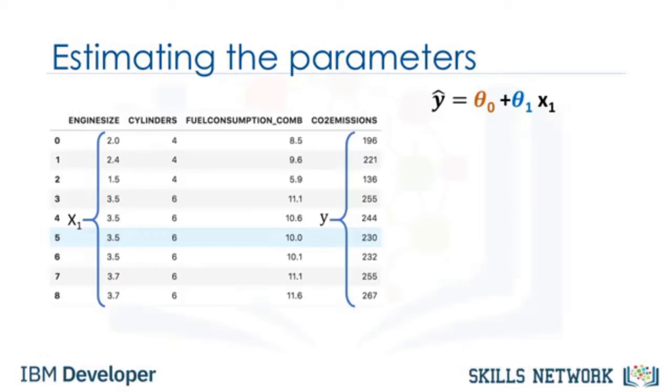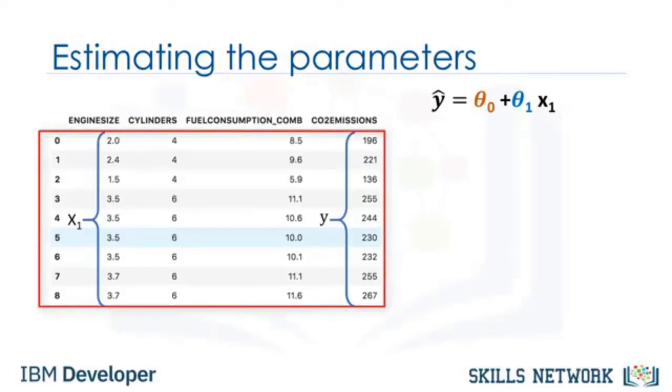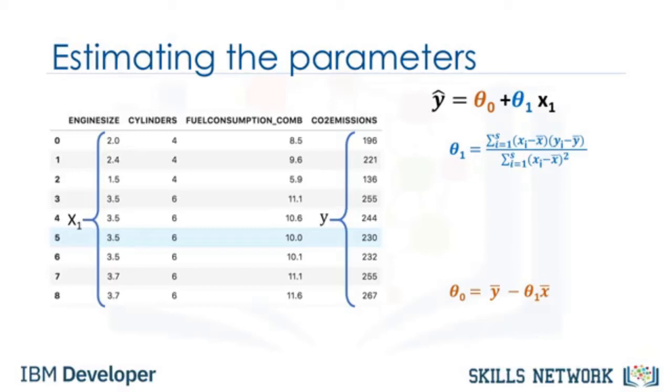It requires that we calculate the mean of the independent and dependent or target columns from the data set. Notice that all of the data must be available to traverse and calculate the parameters. It can be shown that the intercept and slope can be calculated using these equations.